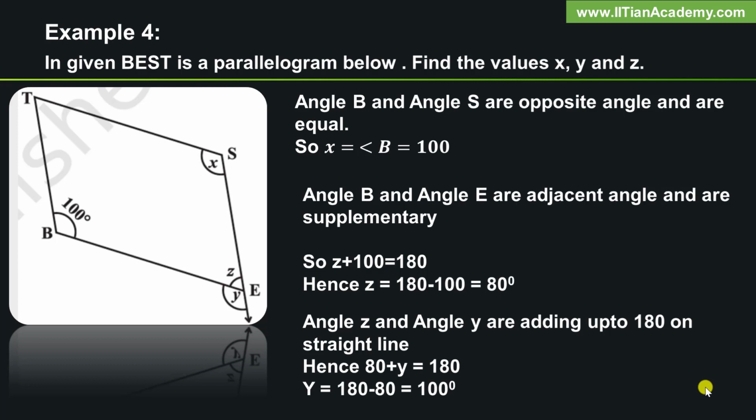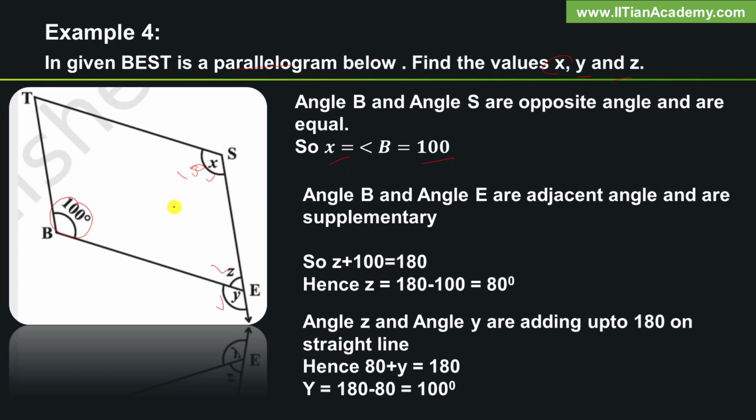In this figure, we will use parallelogram properties to find x, y, and z. Angle B and the angle opposite it are opposite angles of a parallelogram, and hence they are equal. So, x equals angle B equals 100 degrees.